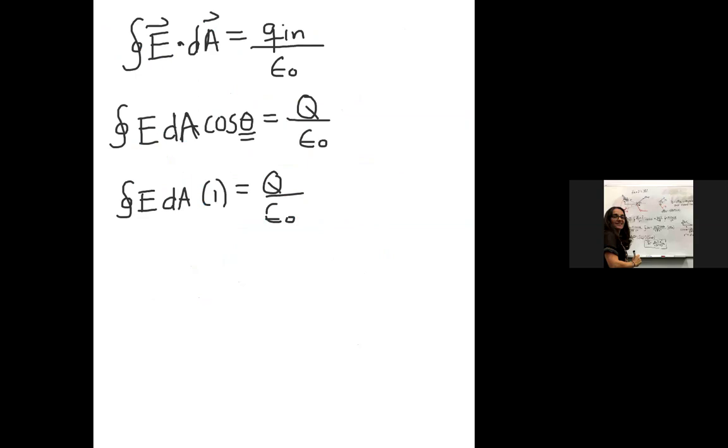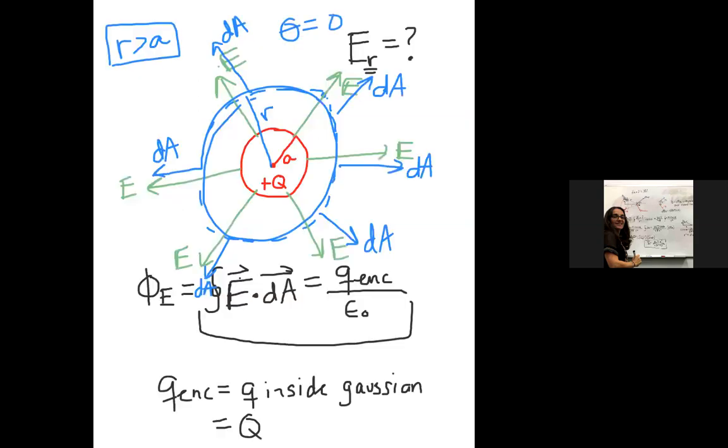Oh, I know what I was going to ask. Back here, does the magnitude of the E field change on this surface? In other words, is the E field here different than the E field there, different than the E field there?